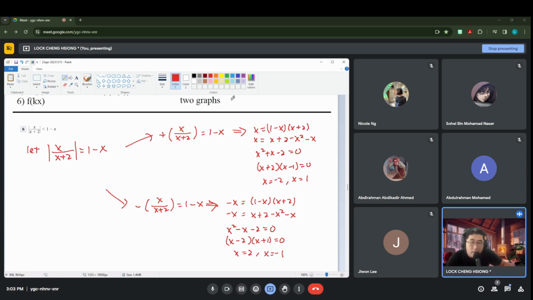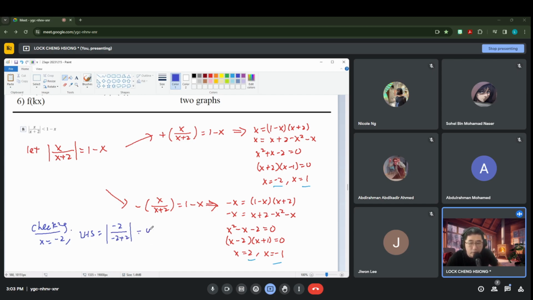There are so many answers. Which one is correct? Which one should I take into account? So I do checking. I check for x equals negative 2. Left hand side, I have negative 2 over negative 2 plus 2.